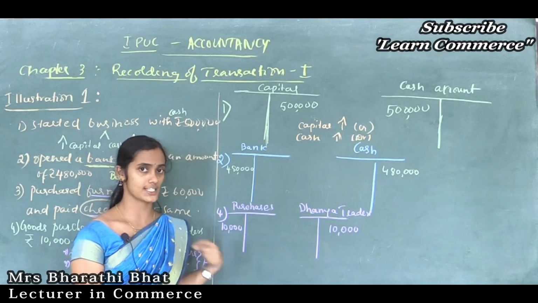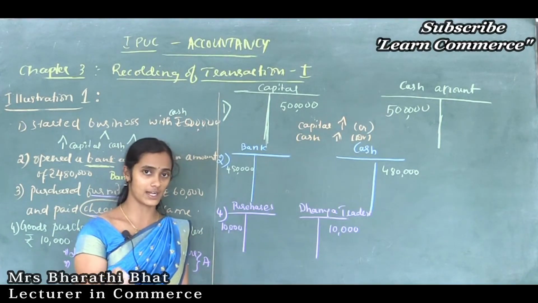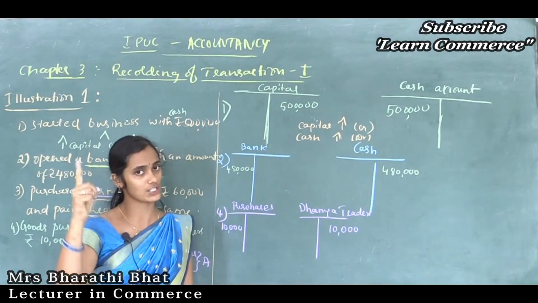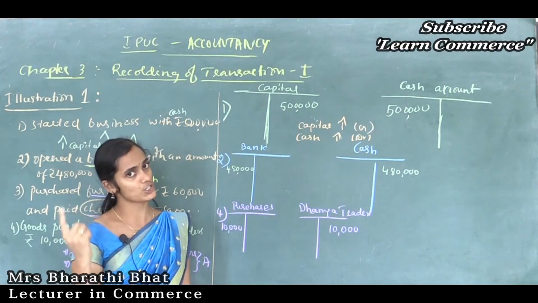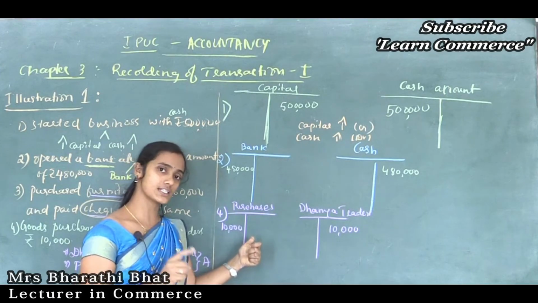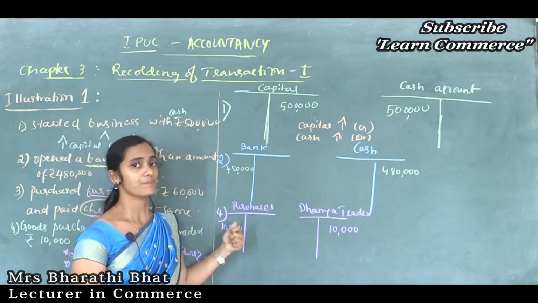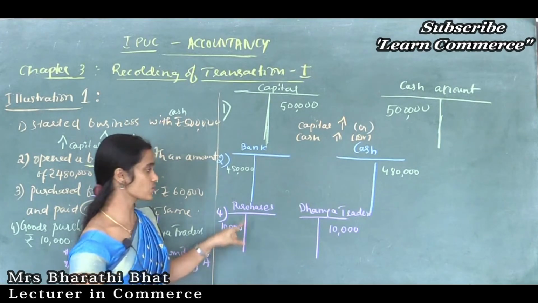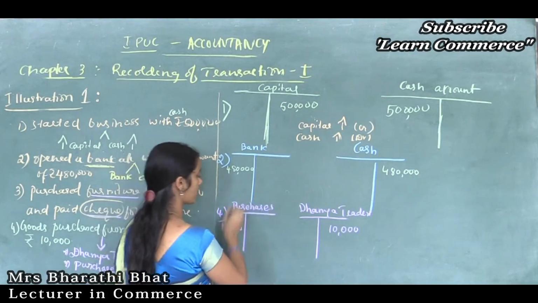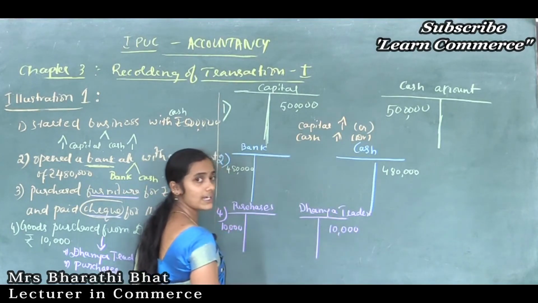Increases in purchases. When we purchase, stock may increase. So the same application applies. Increases in stock means asset is also debited. We can consider this purchase as expense also. So increases in expenses is debited here. So 10,000 debited. So here also the amount to be debited is equal to the amount to be credited.